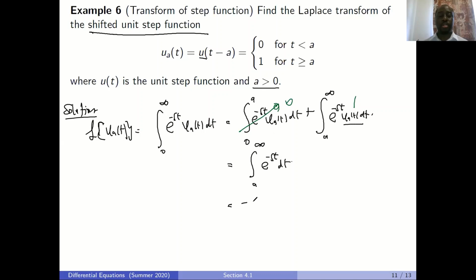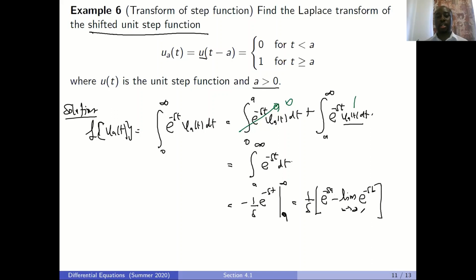This is minus 1 over s times e to the minus st from a to infinity, which if we expand out, is 1 over s times e to the minus sa minus the limit as b approaches infinity of e to the minus sb.